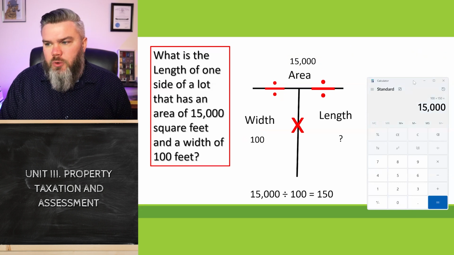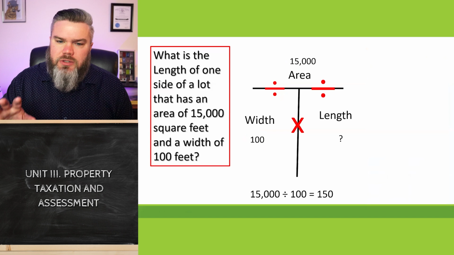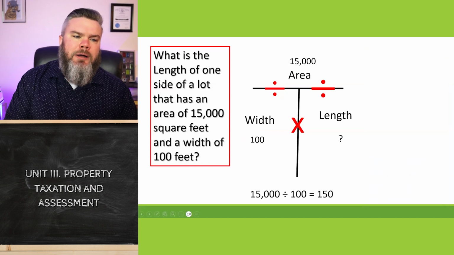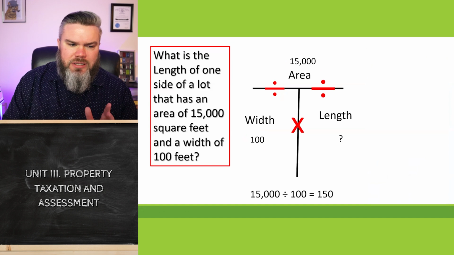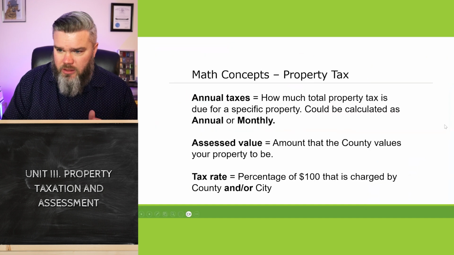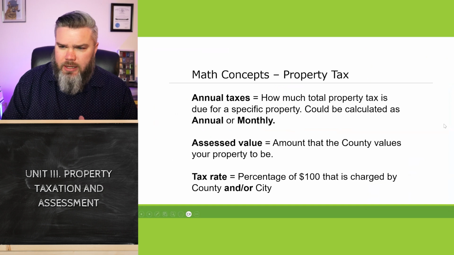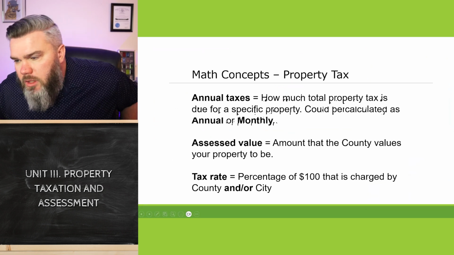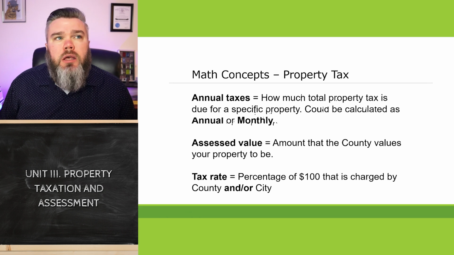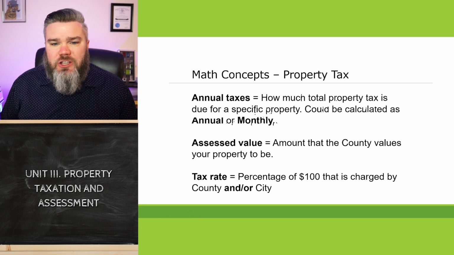So let's get into the actual tax bill calculations, because this is like the introduction to math and T-bars. Now here's the thing. I'm going to skip forward a little bit because I don't necessarily love the way this looks initially. When we're dealing with tax bills, we very often look at the annual tax bill, but sometimes we're asked to look at a monthly one as well.